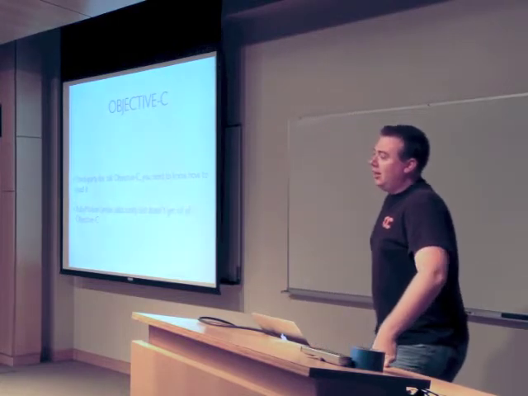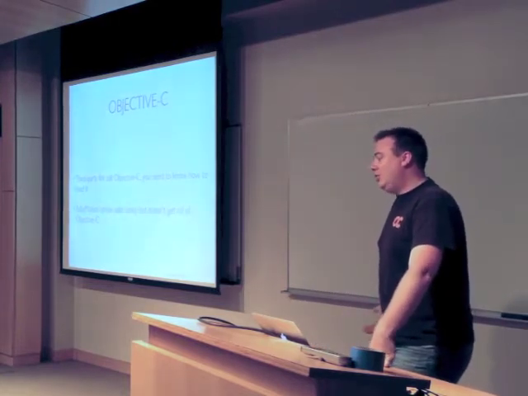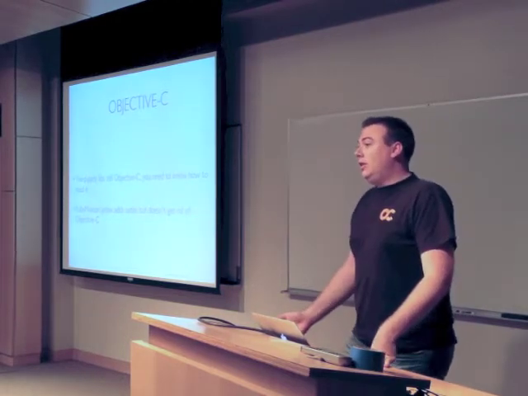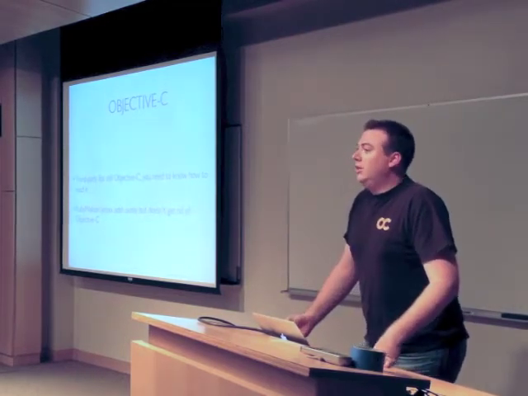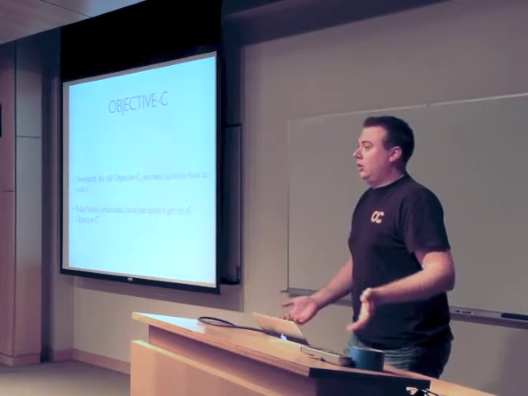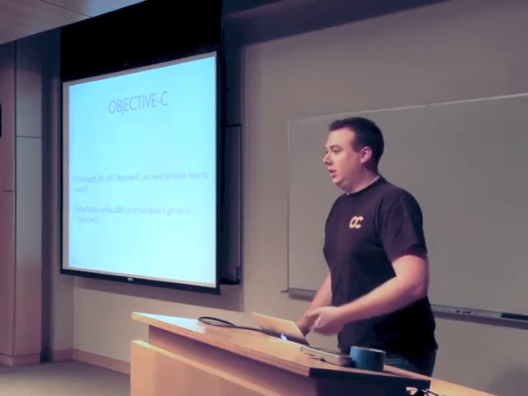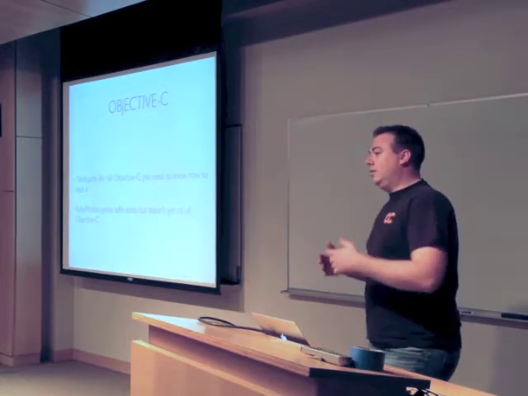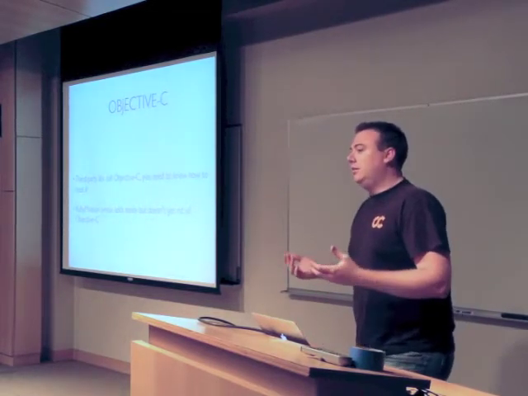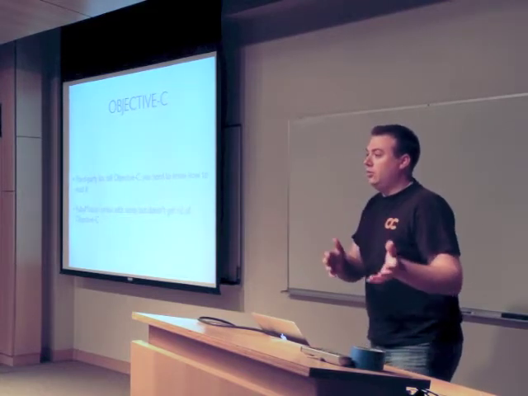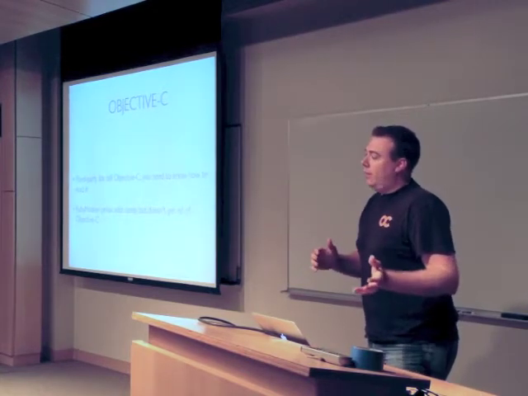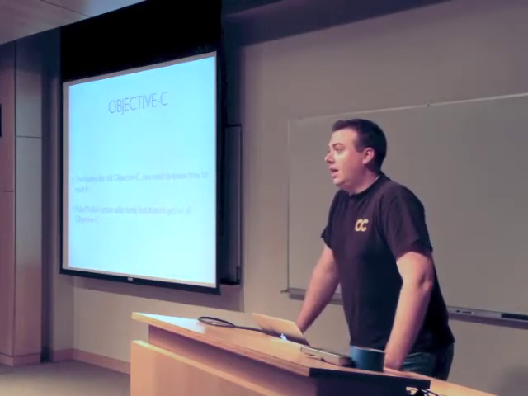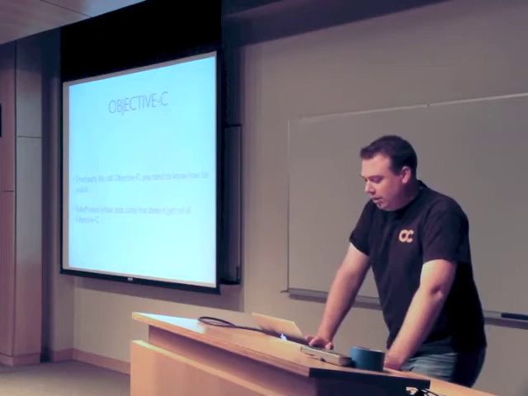The third-party libraries that you're going to use with RubyMotion are still written in Objective-C. You're still going to need to read the Apple documentation for the APIs that you're going to use, which are all methods that are written in Objective-C. So RubyMotion adds a nice syntax that comes from MacRuby that adds a little bit of sanity to the Objective-C syntax, but it doesn't get rid of it entirely.